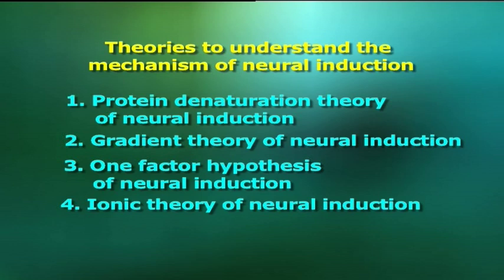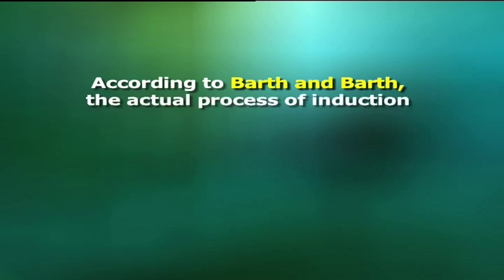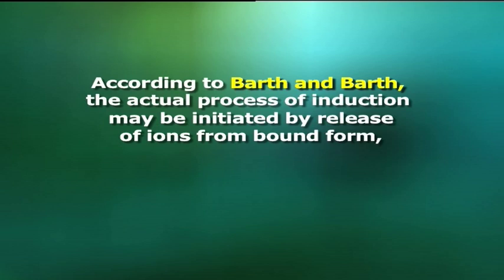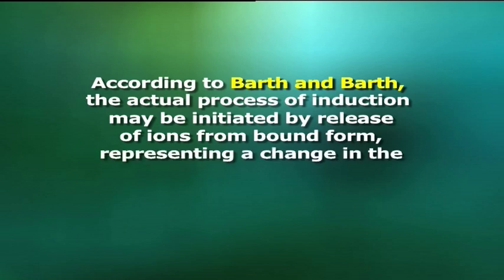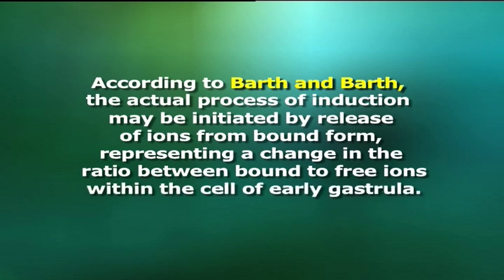Ionic theory of neural induction. According to Barth and Barth, the actual process of induction may be initiated by release of ions from bound form, representing a change in the ratio between bound to free ions within the cell of early gastrula.